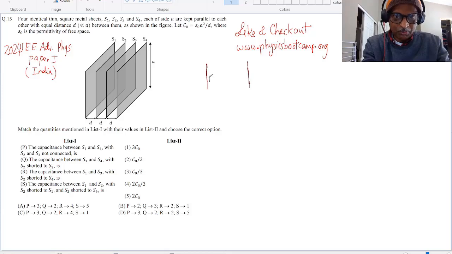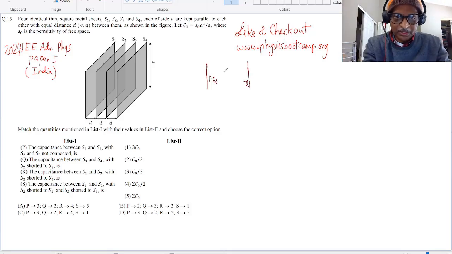You'll put some charge plus Q on this, and minus charge on this, exactly the opposite charge. Let's say this is a plate just like this, okay? You just have two of them. Then how do you go about getting the capacitance of this?